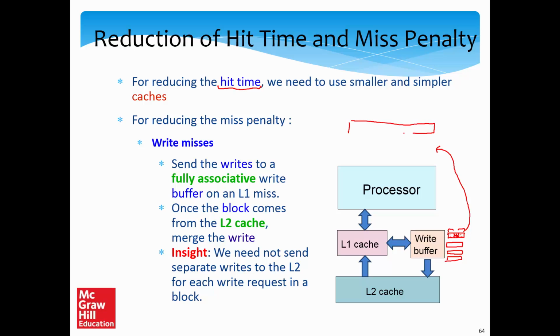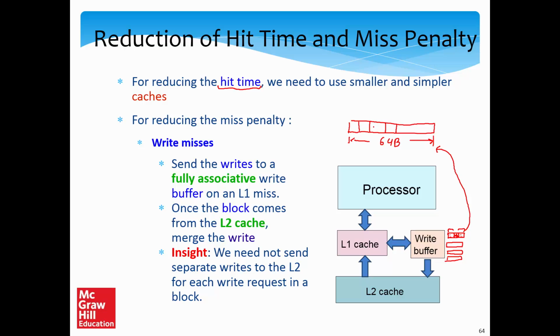Let's consider each block to be a 64 byte quantity. Let us assume that the processor wants to write to some 4 bytes in the middle. After that, the processor wants to write to another 4 bytes over here. So, a stream of writes are coming.